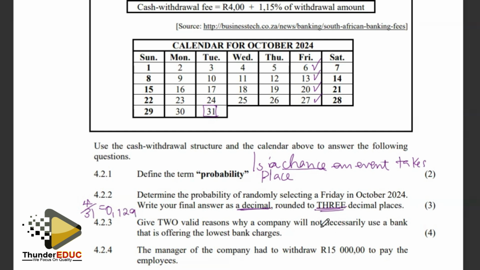Give 2 valid reasons why a company would not necessarily use a bank that is offering the lowest bank charges. 1, someone might not have an account there. Account is not there, or absence of the account, if it does not exist. Number 2, it might take longer to cover up the loan, and you end up paying more than what you expected.